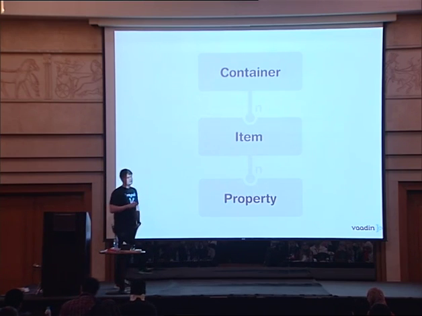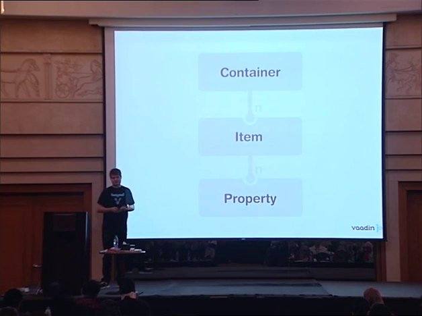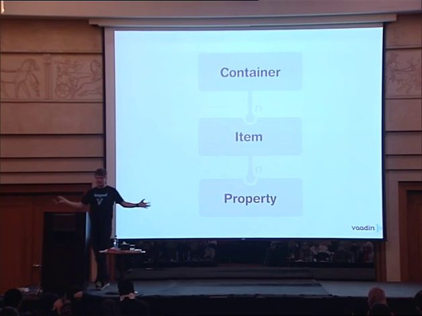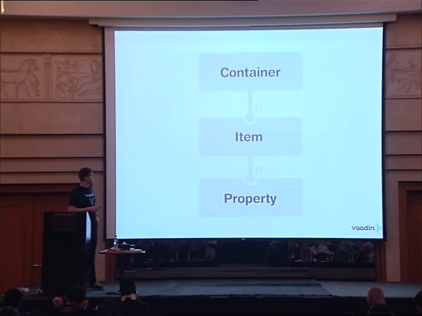And then a container is a set of those items. So if I am an item, then we are in a container, this room, and we might share some properties like name and age. But it might be that some of us have different properties than the other persons here. And that's it. All the UI components follow these interfaces, and then you can bind your data to these interfaces.